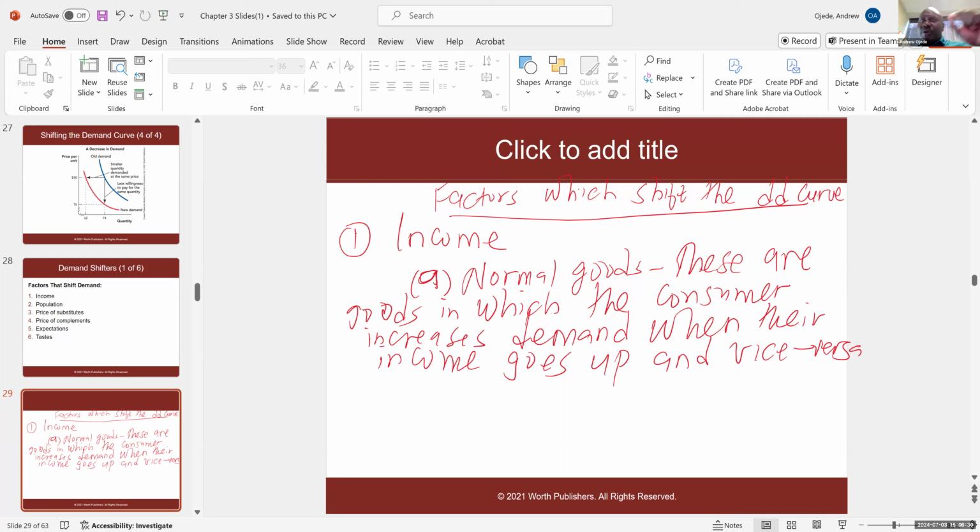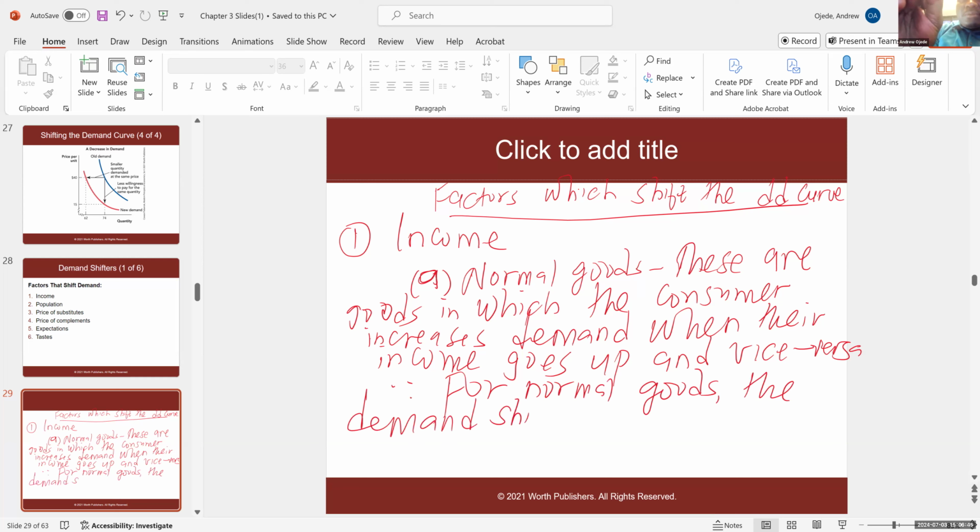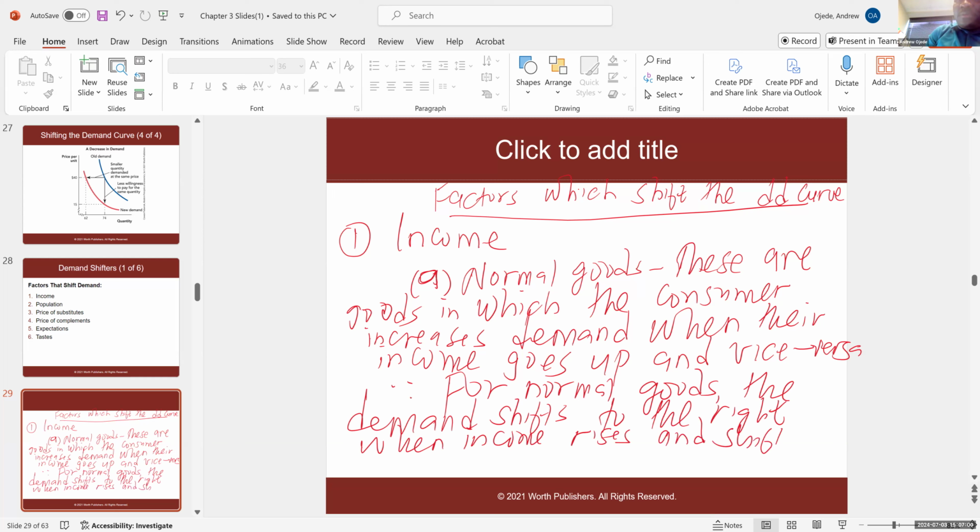So therefore, for normal goods, the demand curve shifts to the right when income rises, and shifts to the left when income falls.